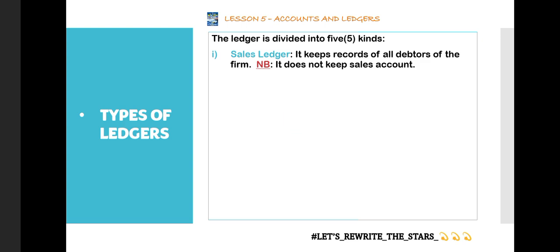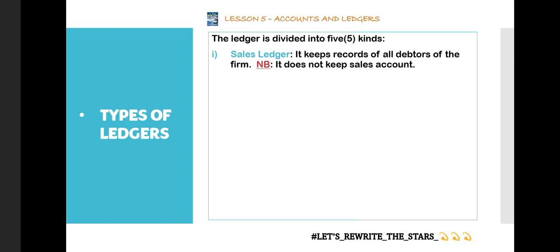So the sales ledger only records accounts of those who are owing our business. Sales ledger does not record the sales account, because with sales, those who came to purchase the items have given us the money.